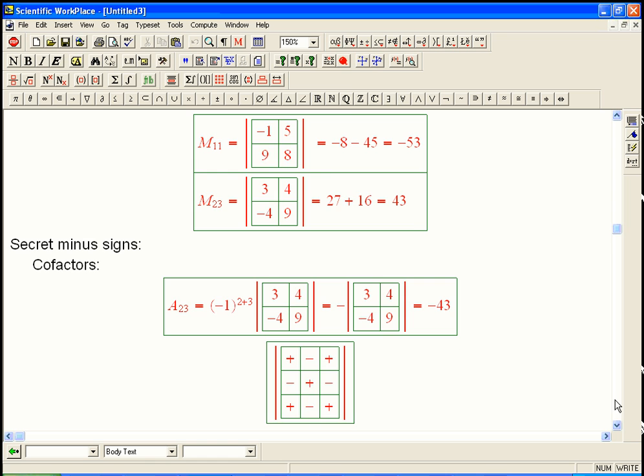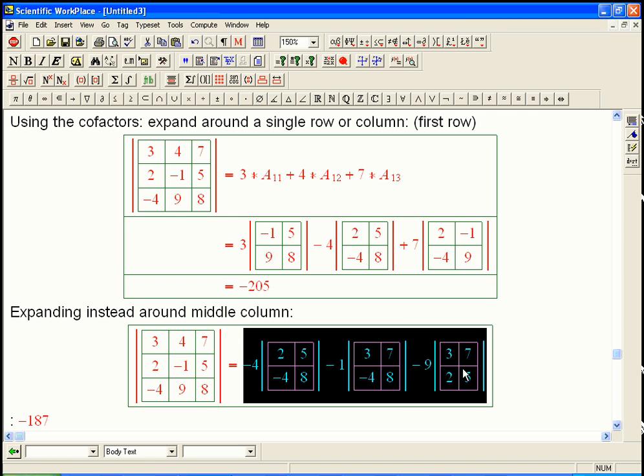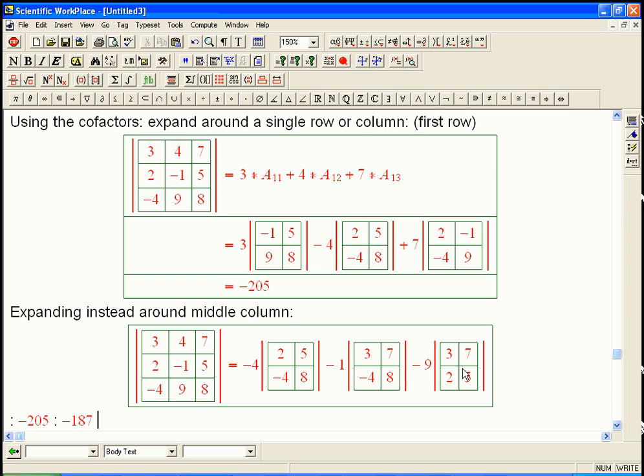The checkerboard pattern is now minus plus minus. So this was a minus. I put that one in correctly. This one was minus because it was already a minus entry. That should have been a negative. And let's check it. There we go. Okay, so the theorem is saved. It really is supposed to give the same answer.